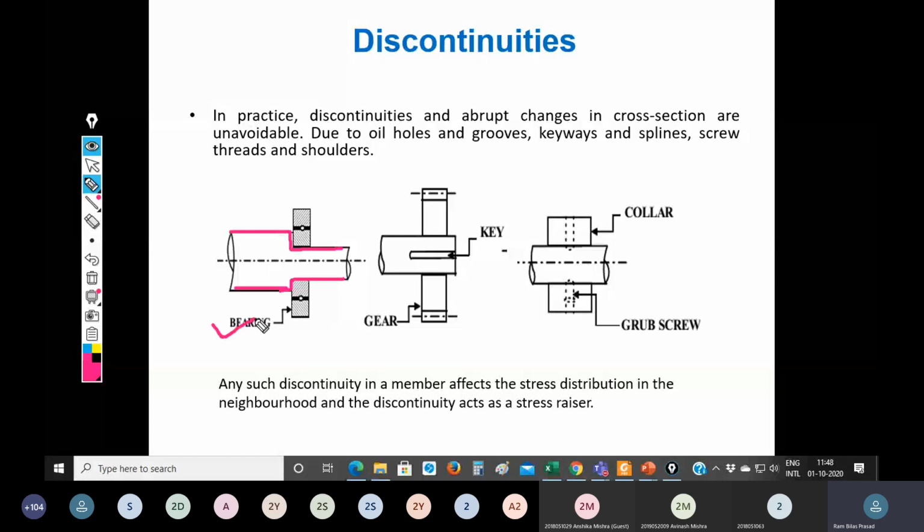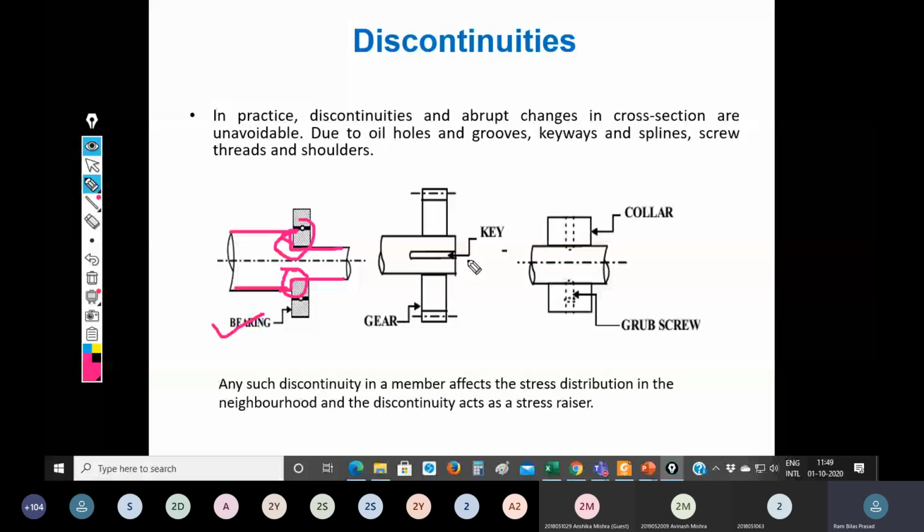Bearing is used to support the shaft, and in order to mount the shaft on the bearing, the diameter is reduced at the end, and therefore there is a discontinuity in the corner, right?